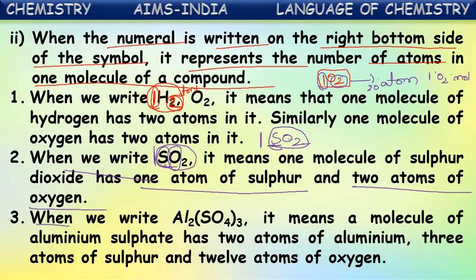Coming to here, when we write Al2(SO4)3, taken thrice, it means here nothing is there, so we represent it as 1. One molecule of aluminum sulfate has two aluminum atoms and 3 SO4 groups.